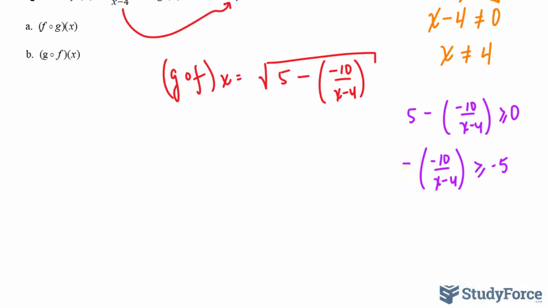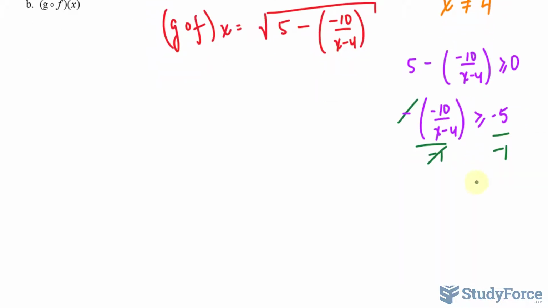Getting rid of this negative, if I divide both sides by negative 1, that goes away. But in an inequality like this, if you divide by negative 1, that becomes the opposite sign. And this is positive 5. So I have negative 10 over x minus 4.